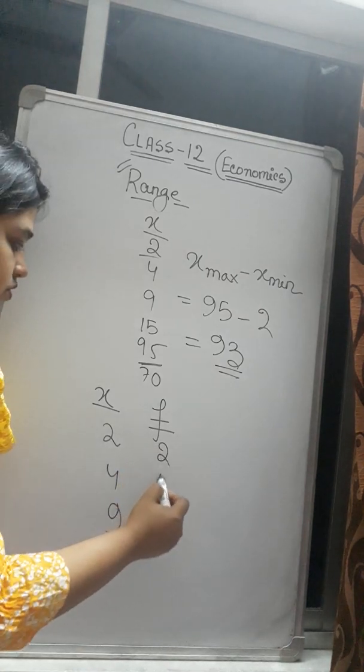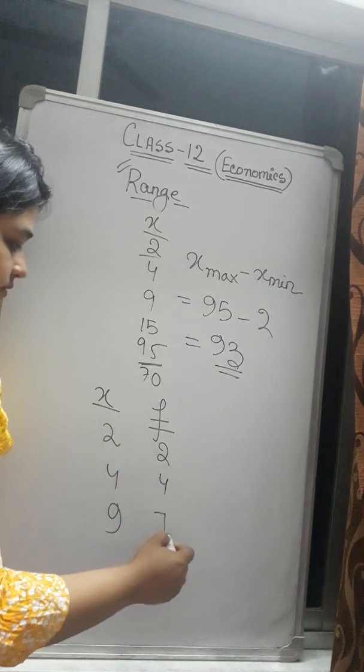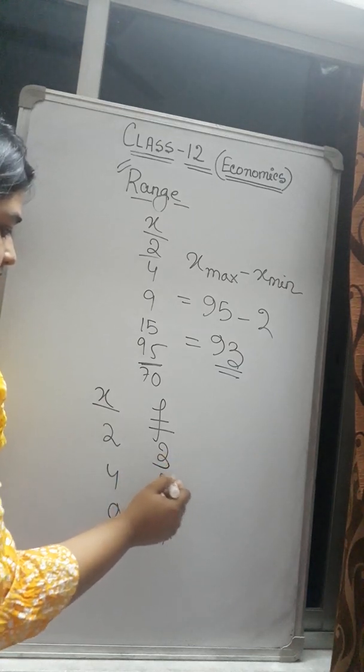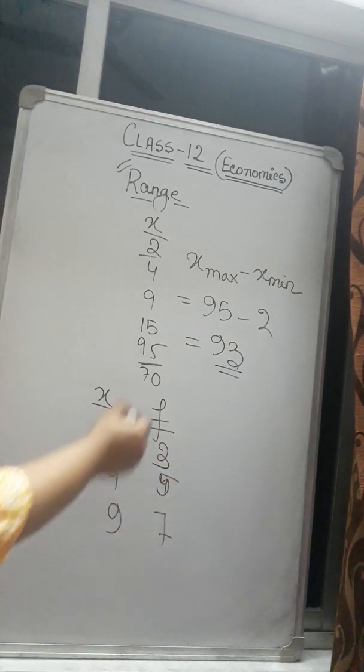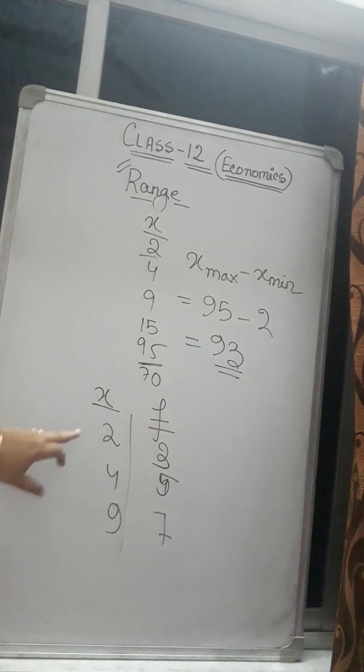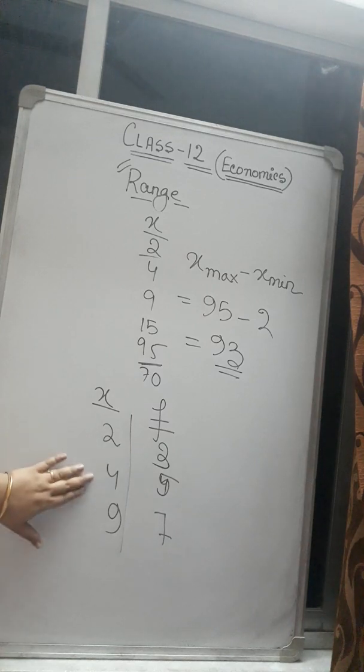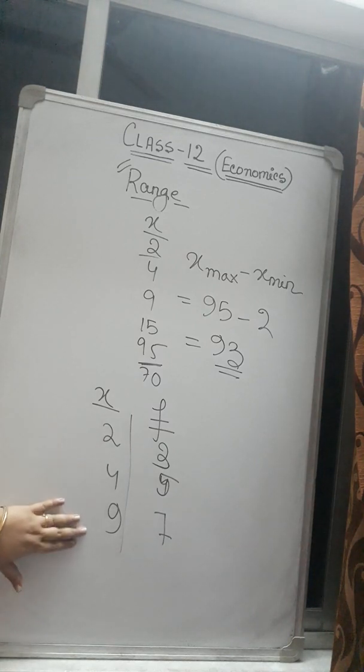So x signifies the maths marks obtained by 3 different students, 2, 4 and 9, out of an exam of 10 marks.